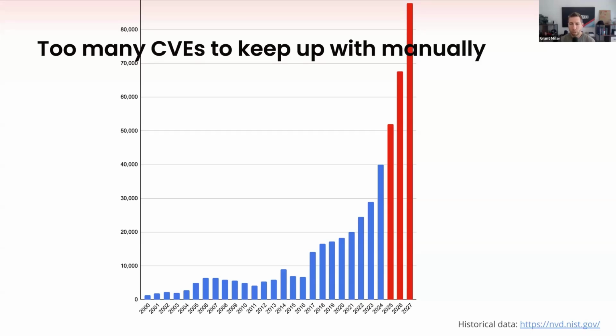And again, we expect it to only get worse, right? With all of the AI generated code that's going out there, AI generated fixes, AI generated CVE discovery, it's just going to be a larger and larger problem in the future.